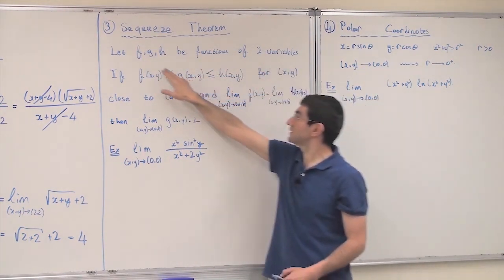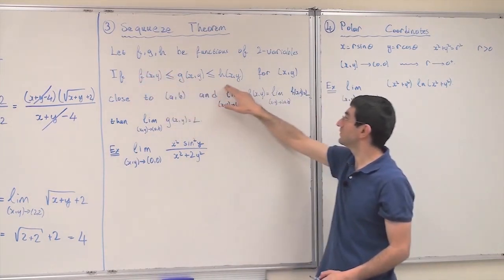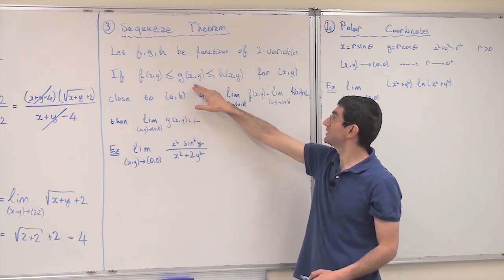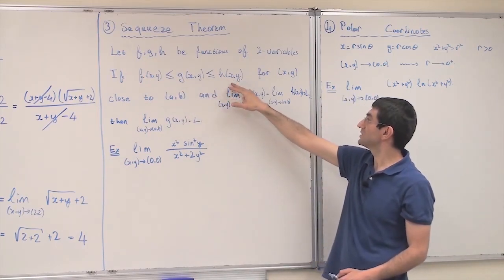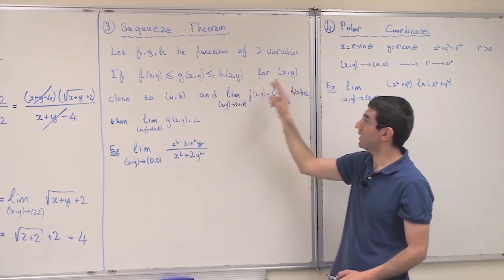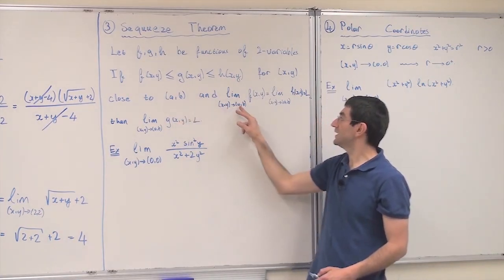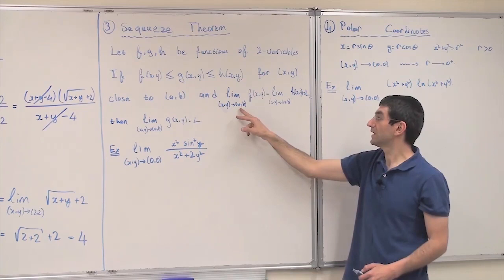If we have this order between the functions, f is the smallest, g is in between, and h is the largest for all x, y which are close to a, b, and a, b is our limit point.